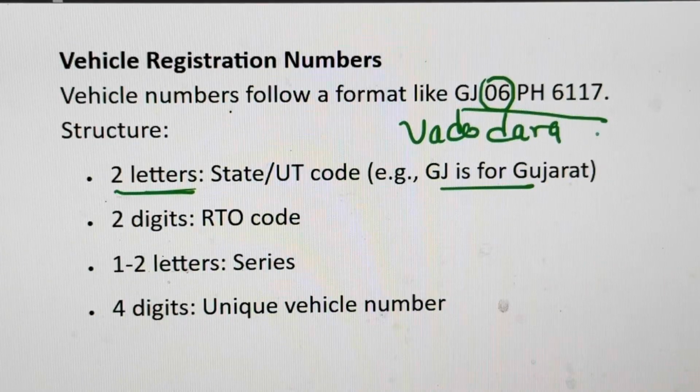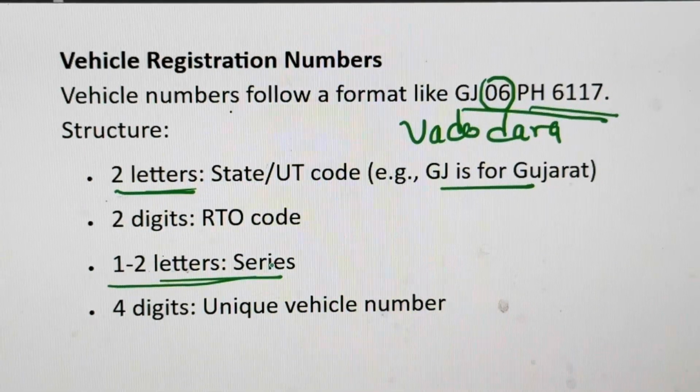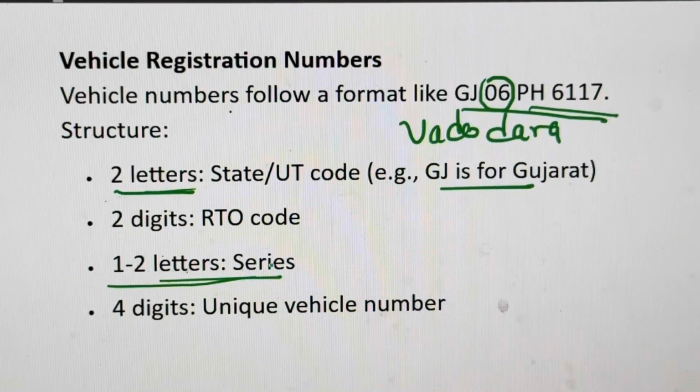Now these letters are the different combinations possible. The first two will be two letters, right? So different combinations with two letters. We understood that with two letters, 26 raised to 2, that is 676 possibilities are there. The series will start with those two letters.